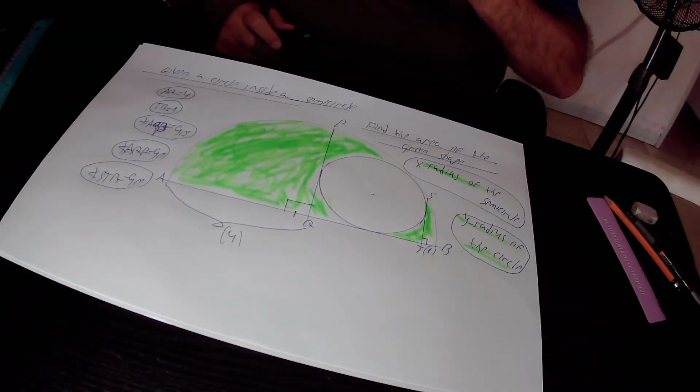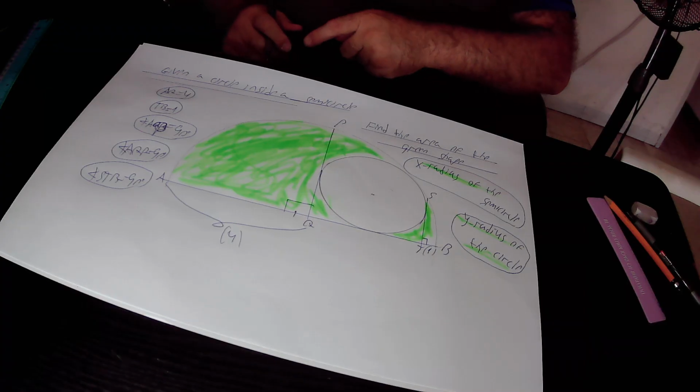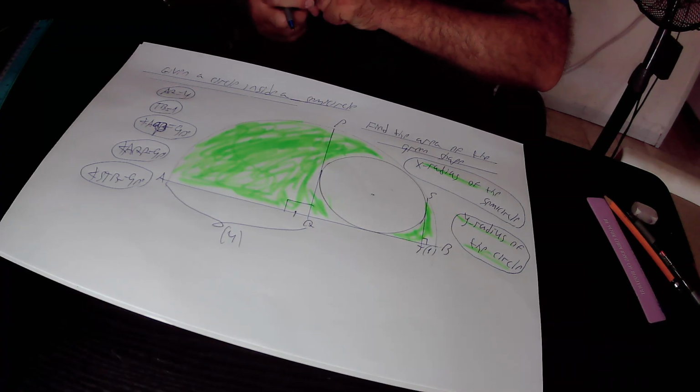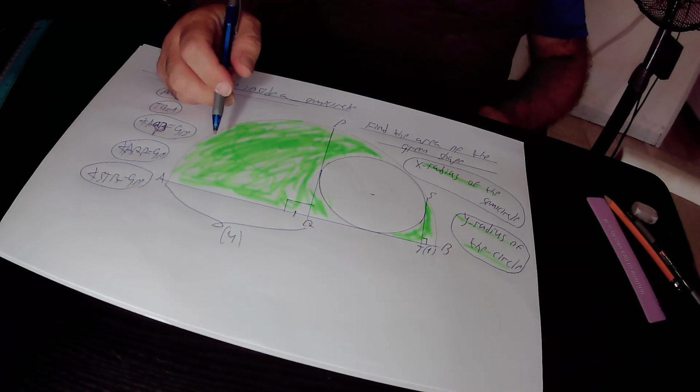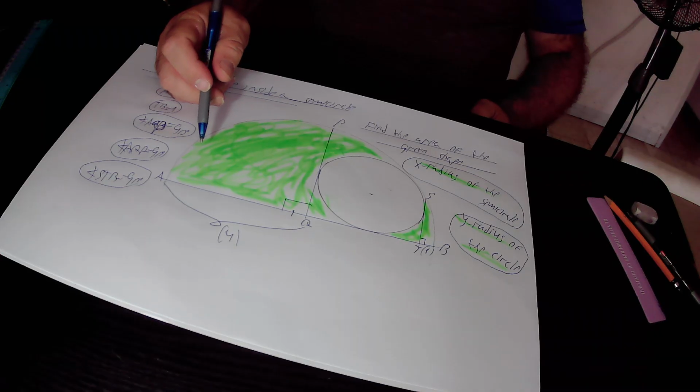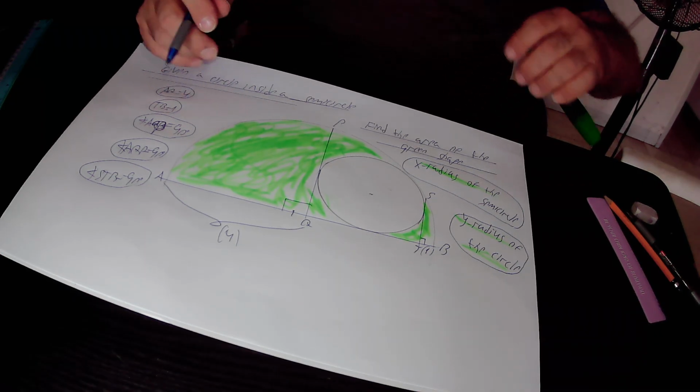AB is the diameter of the semicircle. The radius of this semicircle is x, therefore the diameter AB must be equal to 2x.